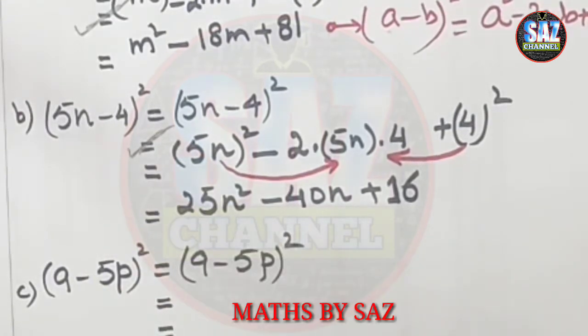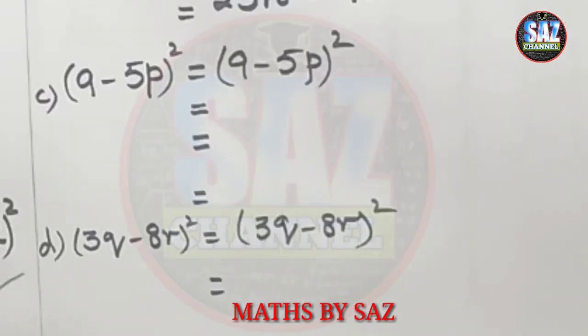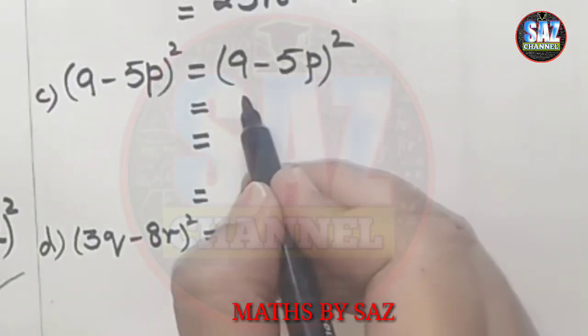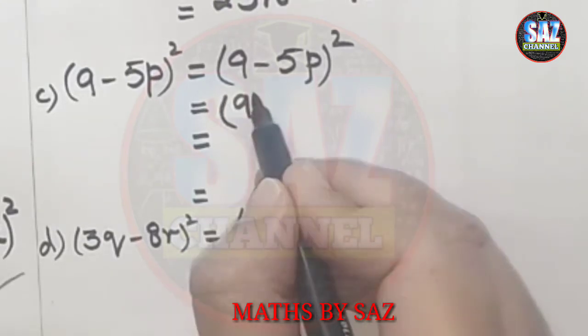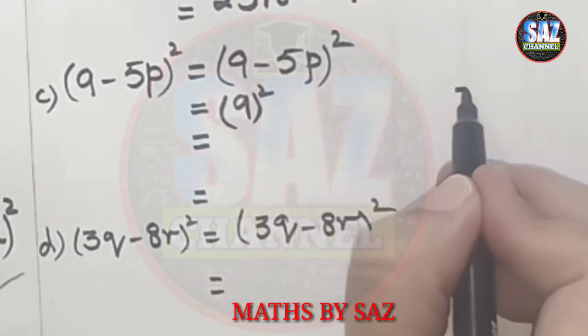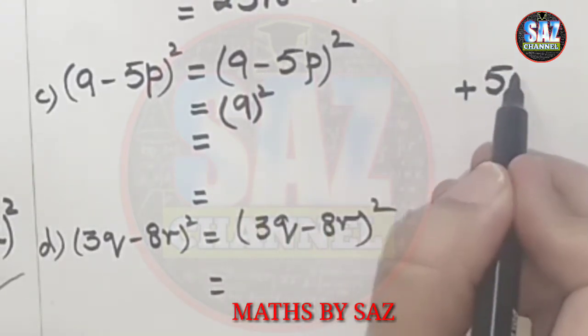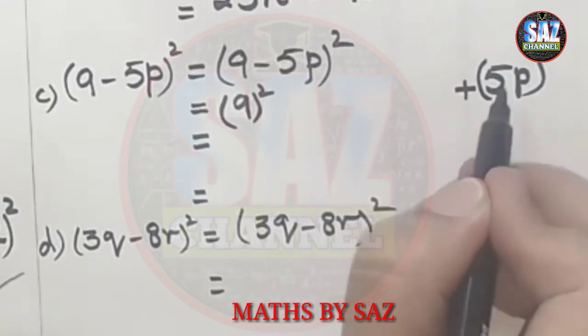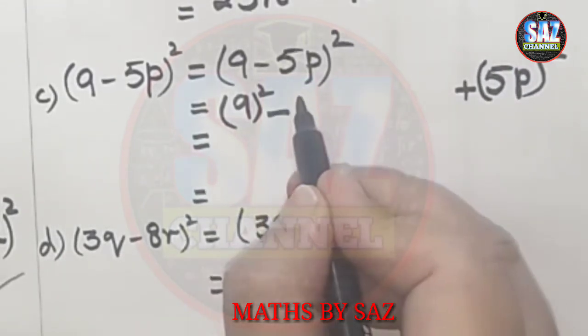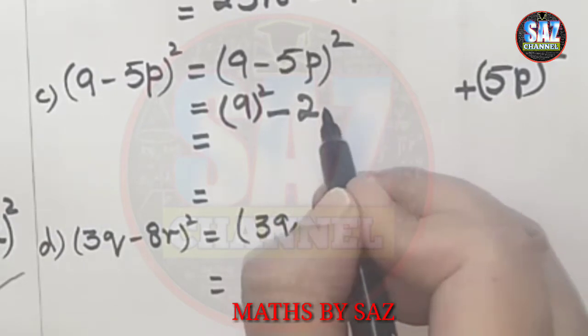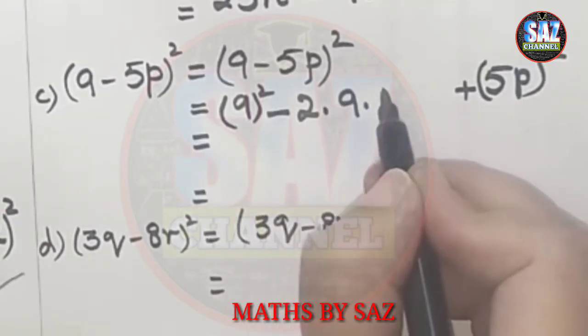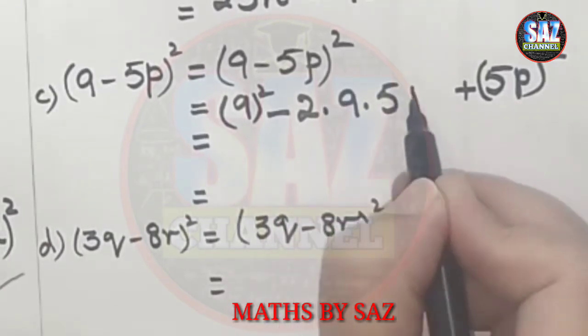Moving to the next part, (9 − 5p) whole square. Quickly I will be writing a whole square, that is 9 square, plus 5p whole square, and then minus 2, a from the first bracket, that is 9, and b from the second bracket, that is 5p.